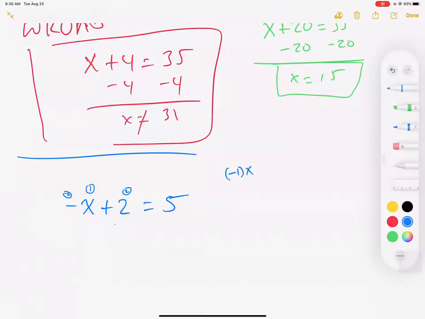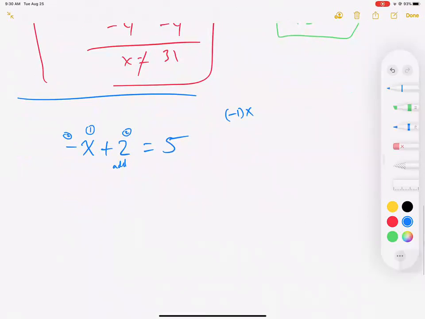Opposite of add 2 is subtract 2. And opposite of multiply by negative 1 is divide by negative 1. I'll show you how to get rid of a negative sign in this class. Opposite of add is subtract, and opposite of multiply is divide. So there's 2 ways of doing this problem.